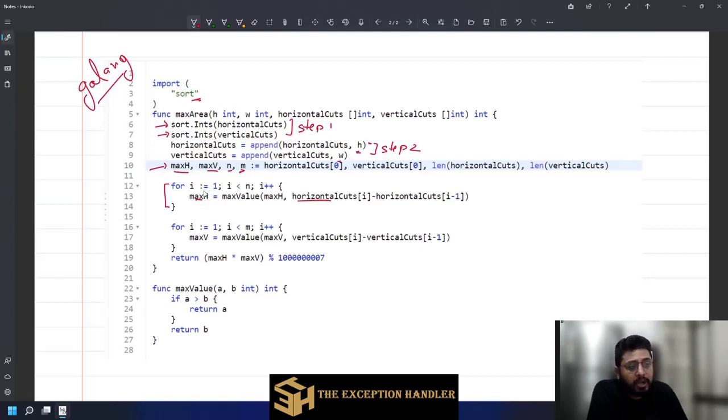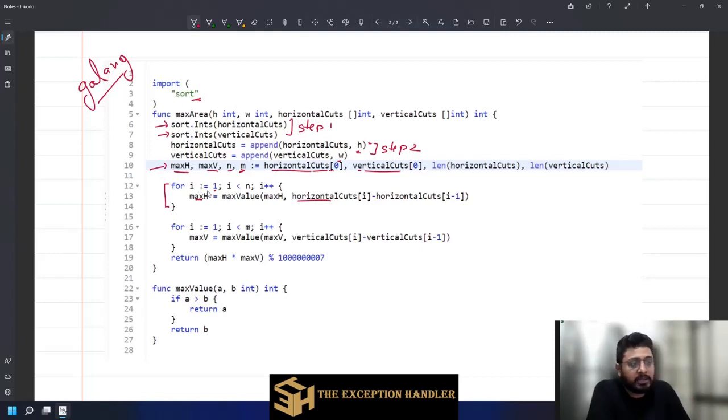So for iterating from 1 to n, my maximum height is initialized with the zeroth value. So zeroth is the first difference for the horizontal and for the vertical cut as well. Initially the maximum height and width would be the first value of the array.